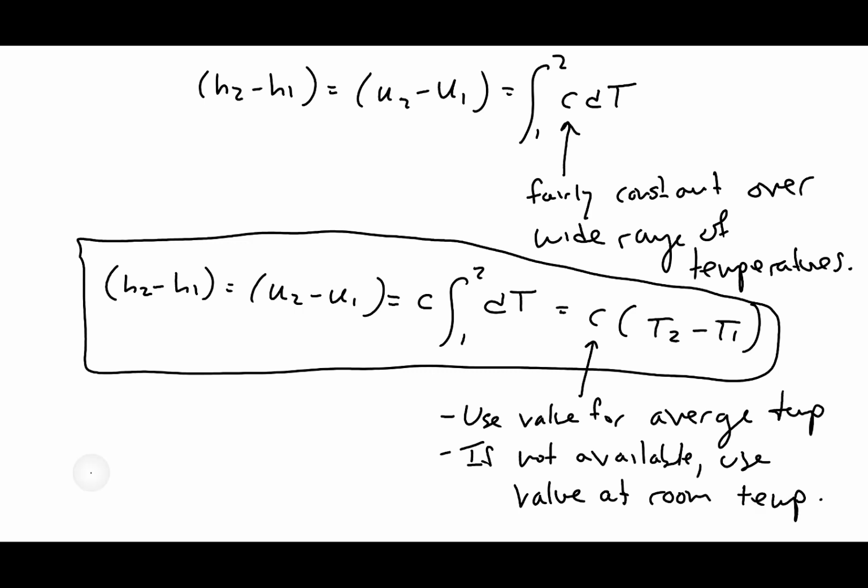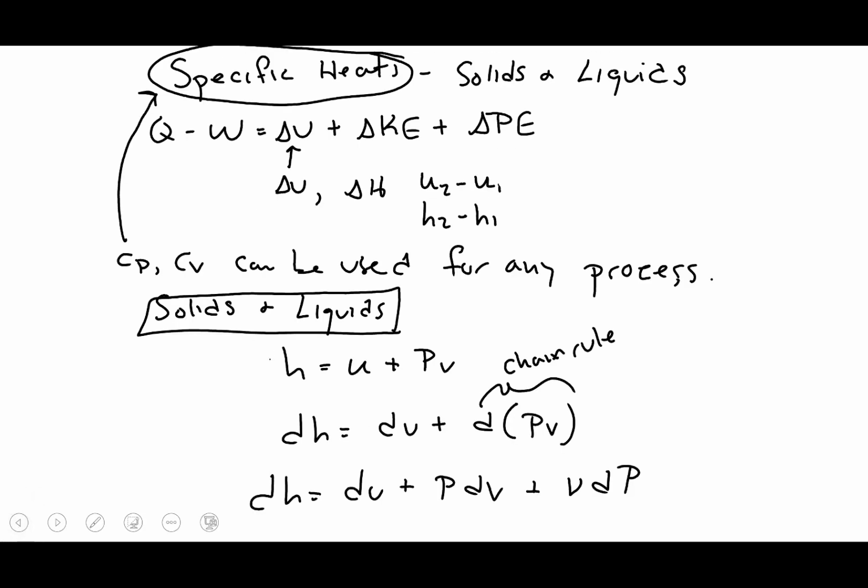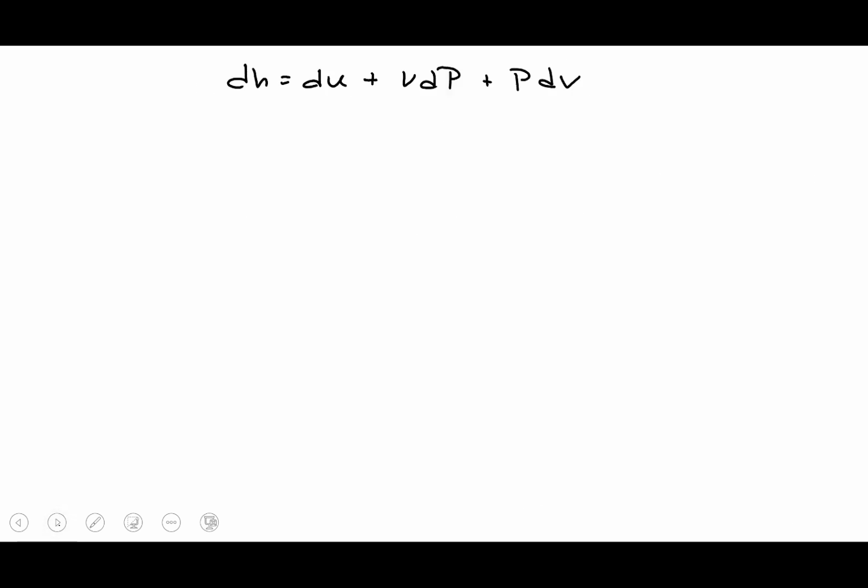Okay, so now I want to take a step back, because remember with this equation, we had dH is equal to dU plus v dP plus P dv. This is basically the equation that we started with, from the enthalpy. So let's go back to that equation and look at something.